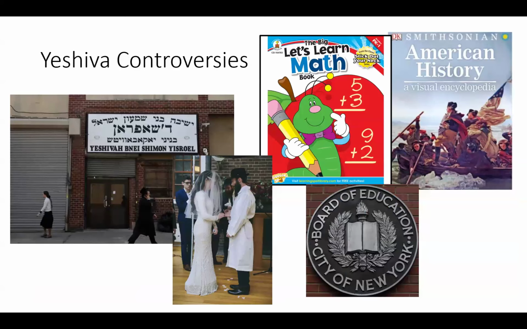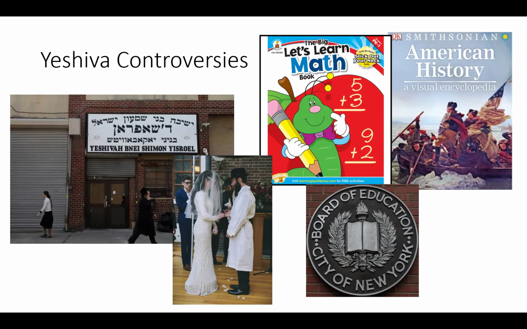The yeshiva controversy, a major issue. According to New York City law, children have to attend school, they have to learn math, American history, and follow a curriculum set down by the Board of Ed. However, many of the yeshivas feel that they don't have to teach American history or mathematics.